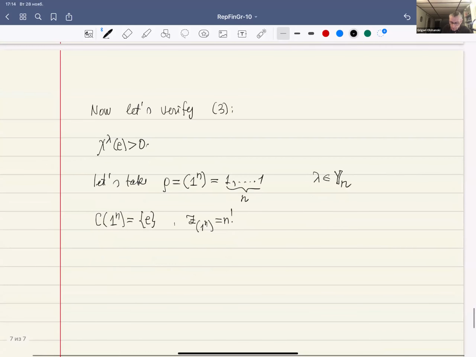Let me recall that if rho is written in the multiplicative notation, meaning that we have k1 parts equal to 1, k2 parts equal to 2, and so on, then by definition this quantity is the product.